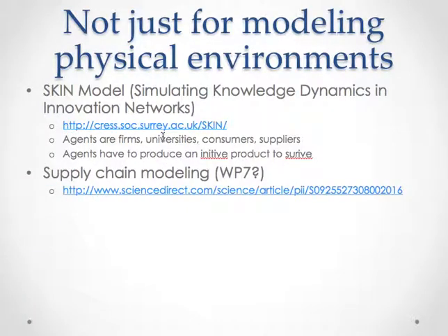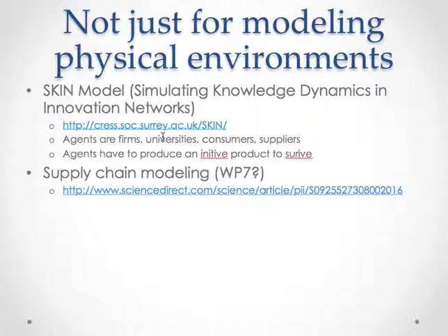That's quite interesting. The point here is that models don't have to be like a physical environment. In that last example, we had the predator-prey model, which is something that happens in a field.